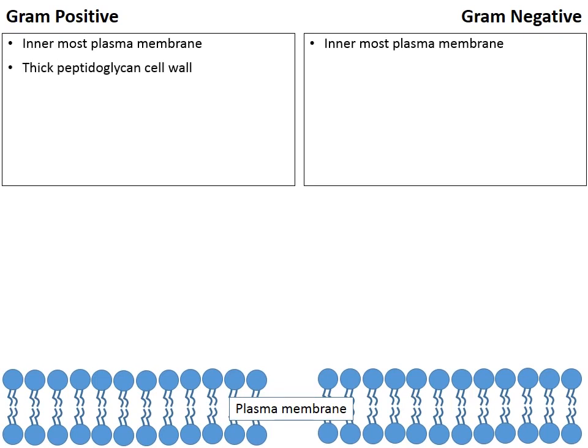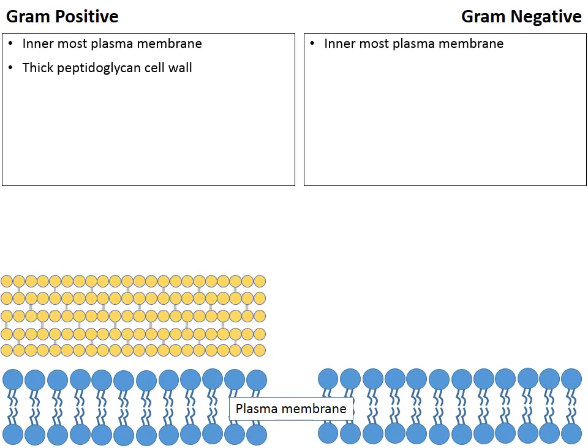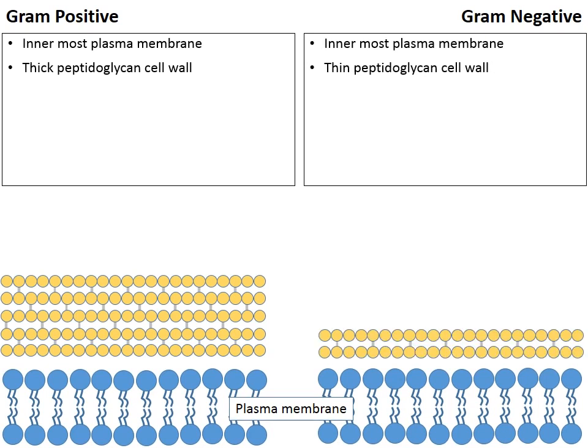Now, the gram-positive bacteria have a thick cell wall made up of peptidoglycan, and there it is, 5 layers thick in my animation. The gram-negative bacteria also have a cell wall, it's just thinner, only 2 layers thick in my animation. Again, these are both the cell wall of the bacteria cells.